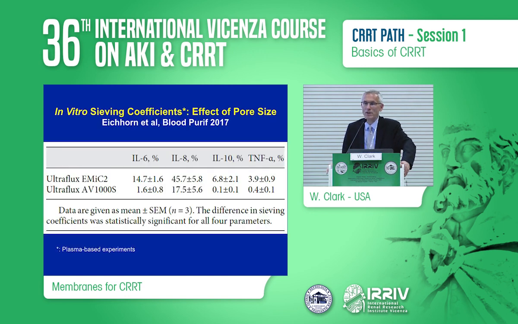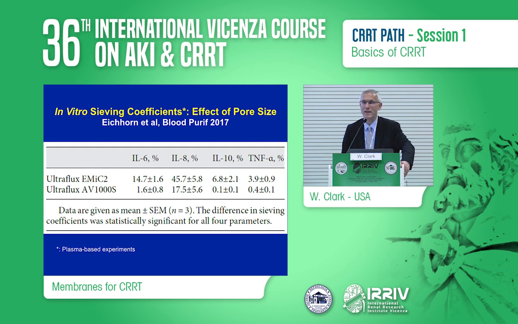If we look at one particular study that looked at two types of polysulfone filters, one standard pore polysulfone filter, and this is used in the CVVHD mode, that's shown here, and a larger pore filter shown here. Comparison of sieving coefficients for a variety of different inflammatory mediators ranging in size between about 10,000 Daltons all the way up to 52,000 Daltons or 51,000 Daltons, which TNF is when it circulates as a trimer.